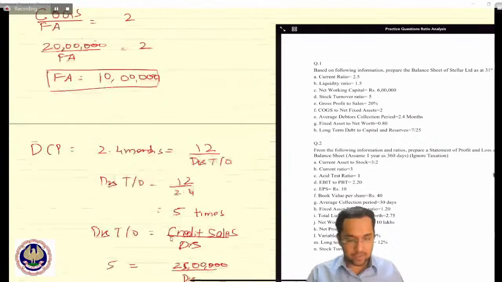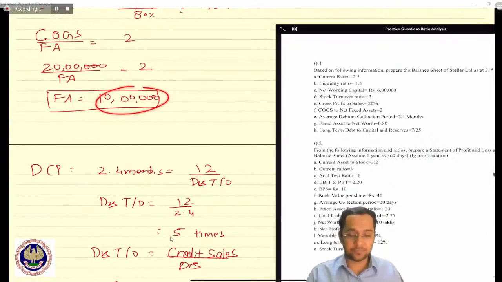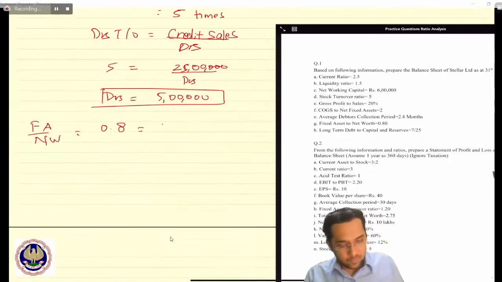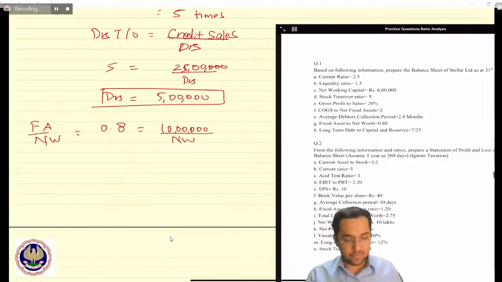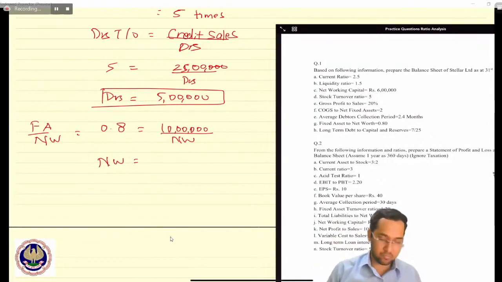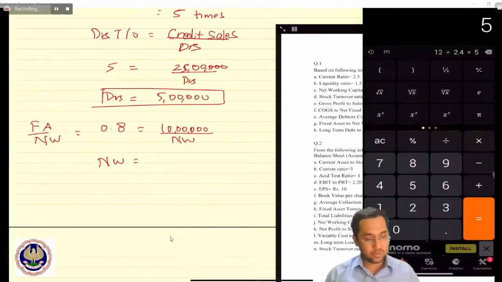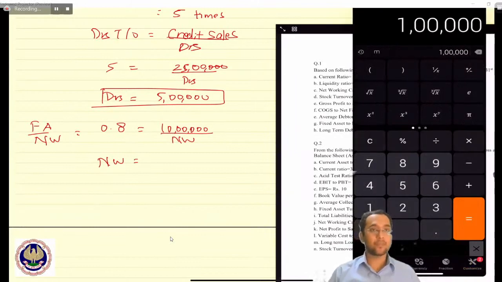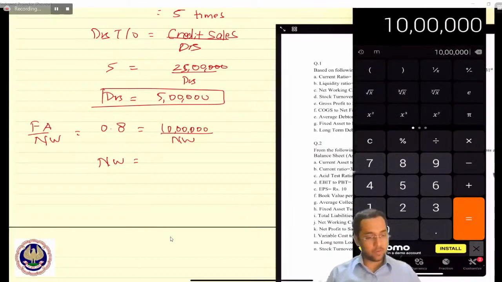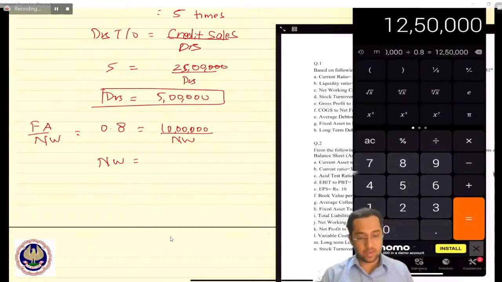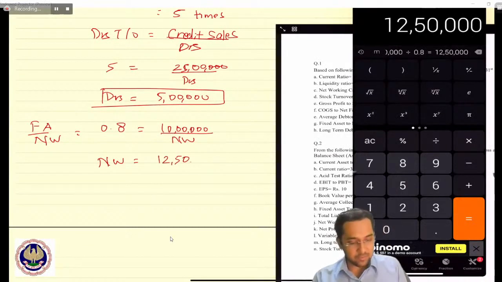So we have the fixed asset figure, which is 10 lakh, upon net worth, which is something we don't know. So definitely our net worth will be 10 lakh divided by 0.8. That's 12 lakh 50,000 is our net worth.